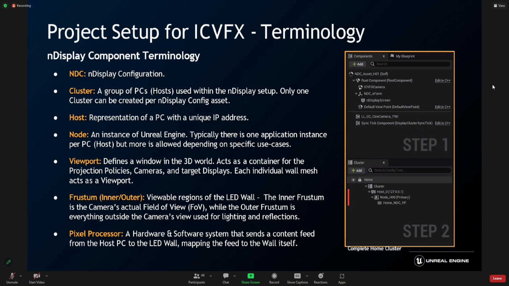And the outer frustum is everything outside the camera's view that provides lighting for the other elements, actors on the set, and for reflection, say in the case of Mandalorian, the main character is wearing a reflective helmet, and what's on the LED stage shows up in those reflections.